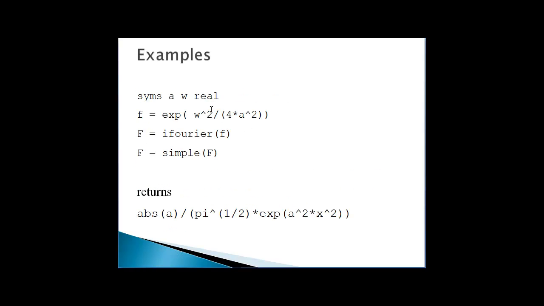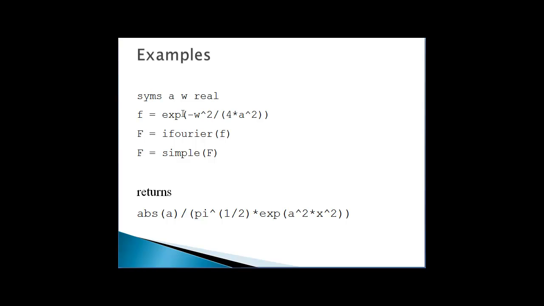Now coming towards its example. My function is f equal to exponential of minus w square upon 4a square. One thing to be taken care of: normally on paper and pen we write the function as e to the power, but while declaring it in MATLAB, we write exponential and in the bracket the power.